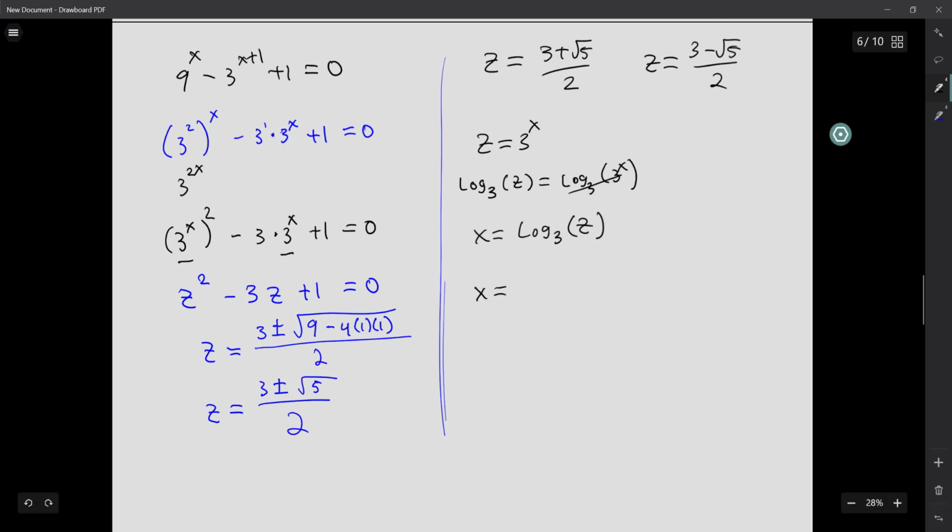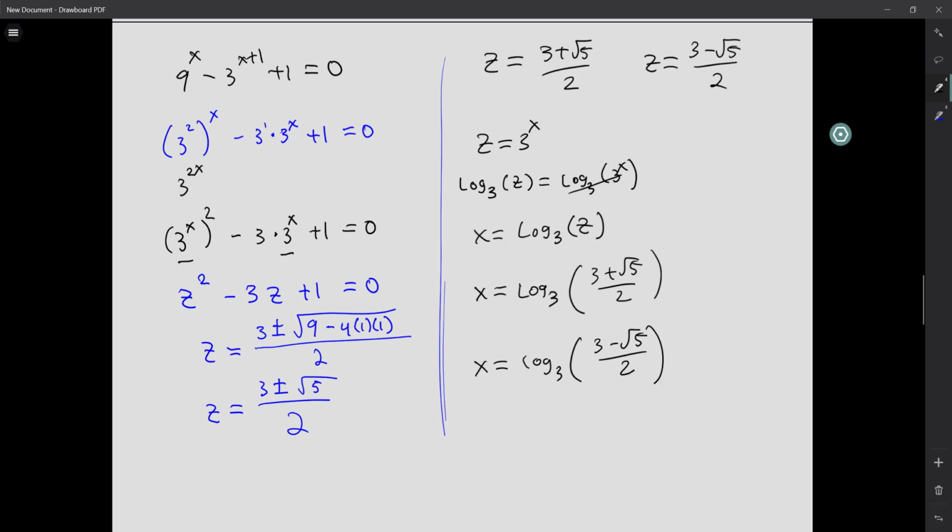I've got x equals, oh boy, log base 3 of 3 plus root 5 over 2, and x equals log base 3 of 3 minus root 5 over 2. And those would be my answers here.